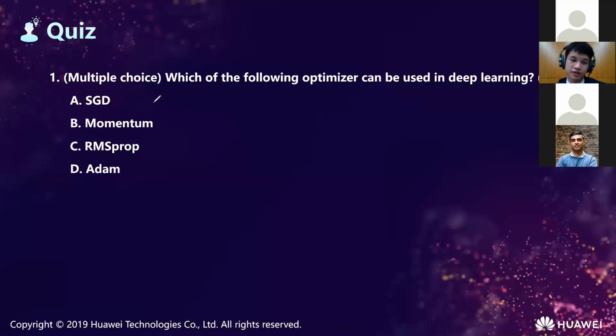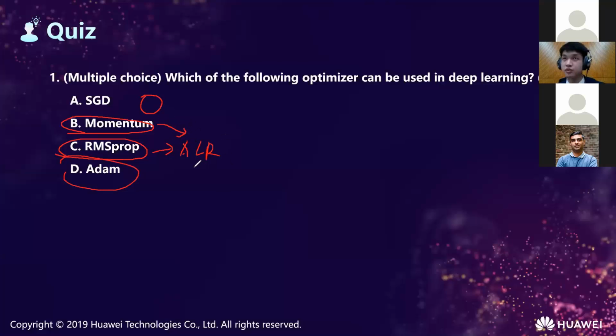That is gradient descent, normal gradient descent. And it is the momentum I talked about before, and that is RMSprop. It only cares about the adaptive learning rate, but Adam cares about the momentum plus the adaptive learning rate. Okay.